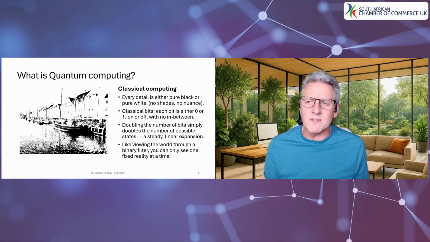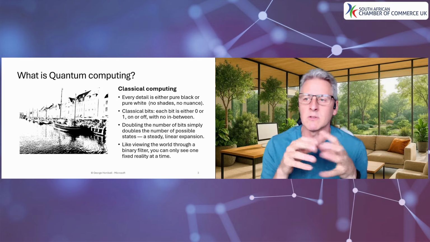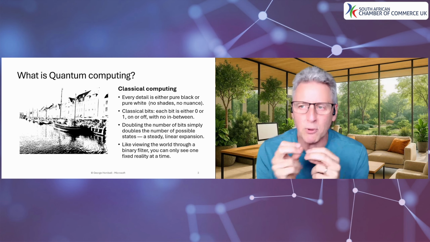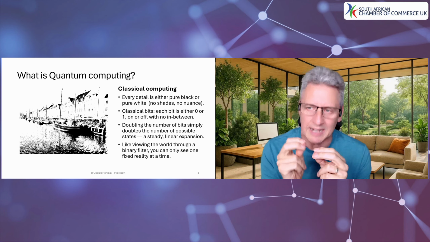So for those of you who have never heard of quantum computing, in a very basic way, if you've done some basic computer science, you will know that the microprocessors we work with started off dealing with little magnetic charges.